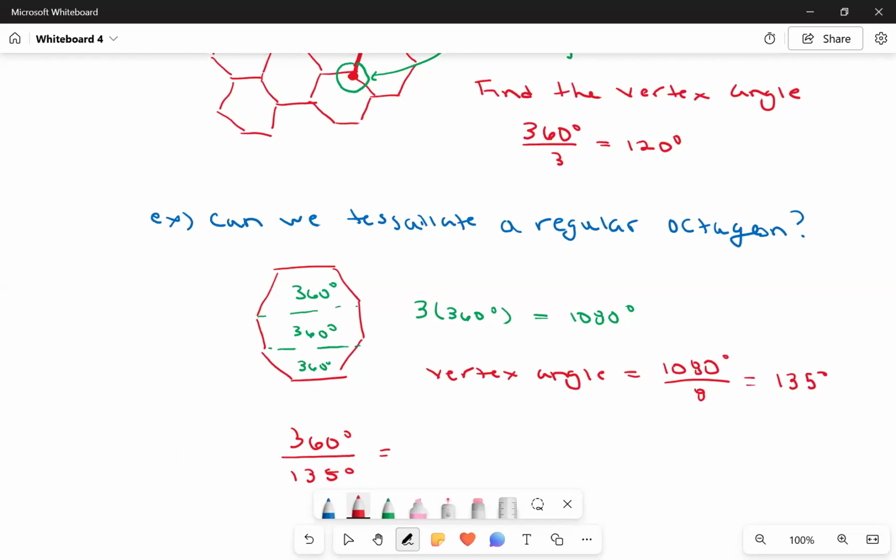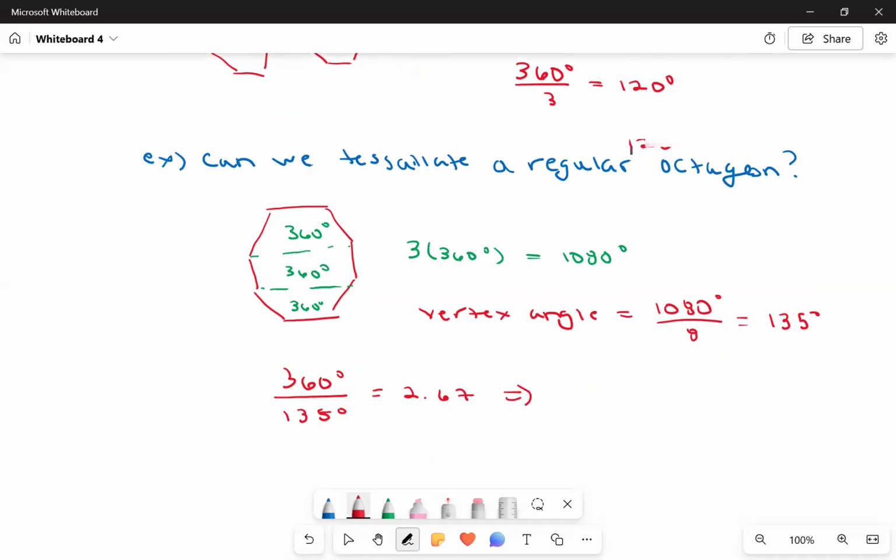I get 2.6 repeating, so 2.67, and therefore, no, you can't tessellate it. No is the final answer, because it doesn't go in evenly. If it went in evenly, yes, we could tessellate the octagon.